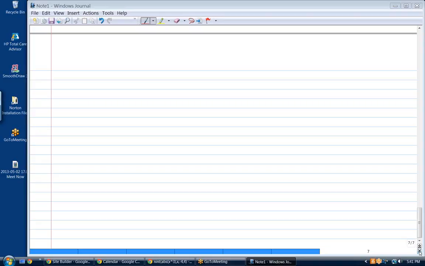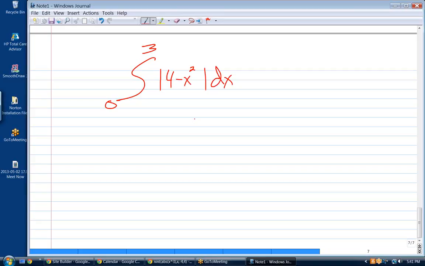Okay, so can we do this one right here? Integral from 0 to 3, and then absolute value of 4 minus x squared dx.